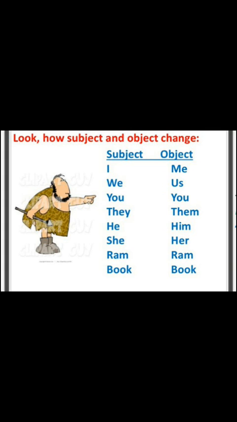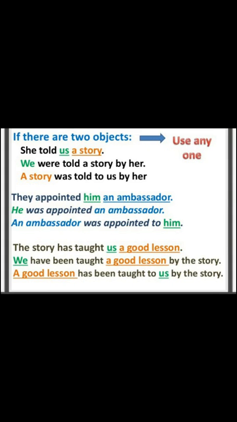They changes to them. He will change into him. She will change into her. Ram, book: it means nouns always remain the same. Naming words remain the same as subject and object.